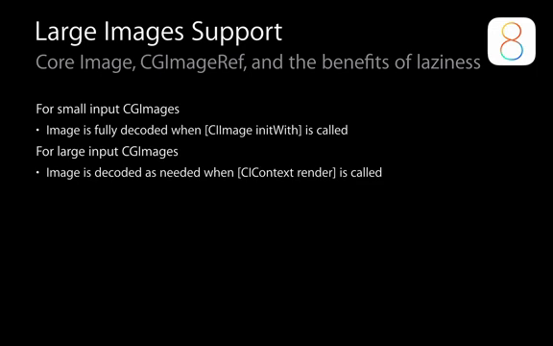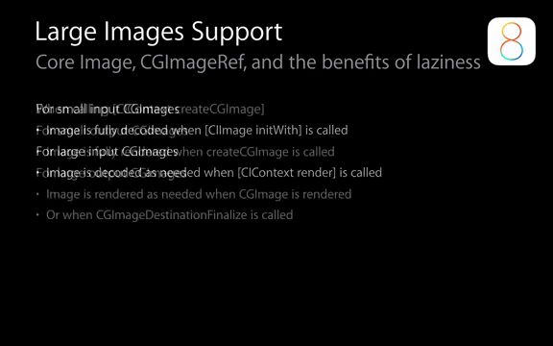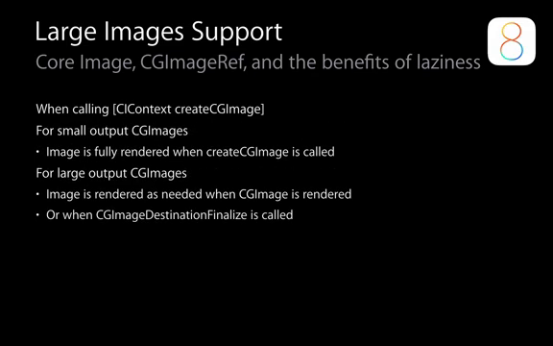So if you have a large input CG image, the JPEG image behind that CG image is decoded only as needed when you call CI context render. That's a very important detail. Similarly, when you're producing a CG image as an output of a CI image, when you call CI context create CG image, if the output CG image is small, then the image is fully rendered when create CG image is called.